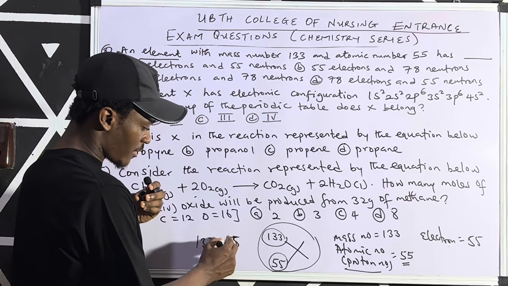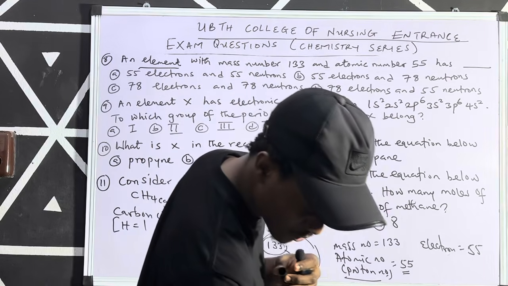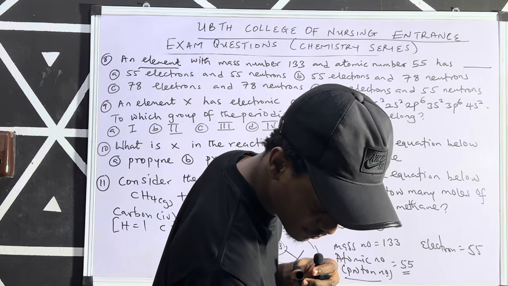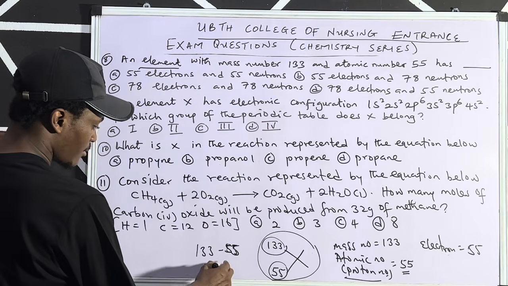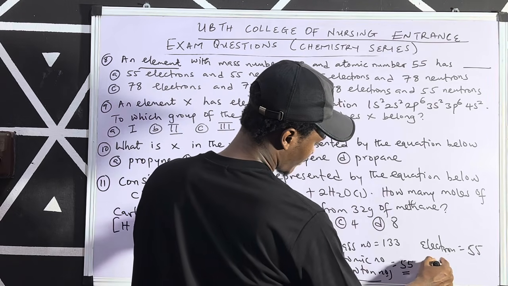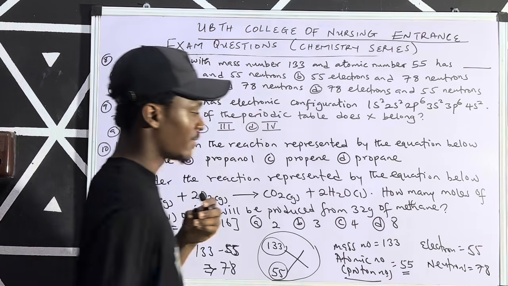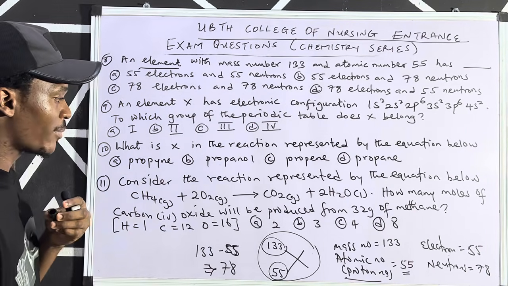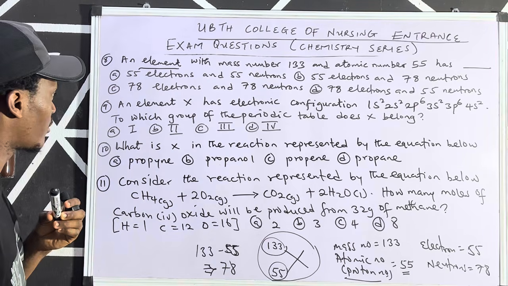With the help of our calculator, 133 minus 55 gives us 78. So 78 becomes the number of neutrons. All right. So we now know our proton, electron and neutron number.